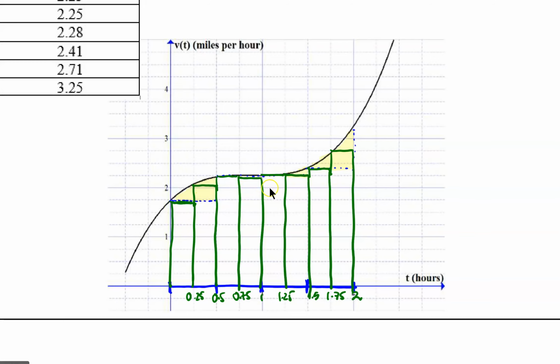So compare that error to the error we will get using left endpoints with 8 rectangles or 0.25 interval. So in the first interval, we'll have this error. And notice in this next interval that we've eliminated that error and made this more accurate.